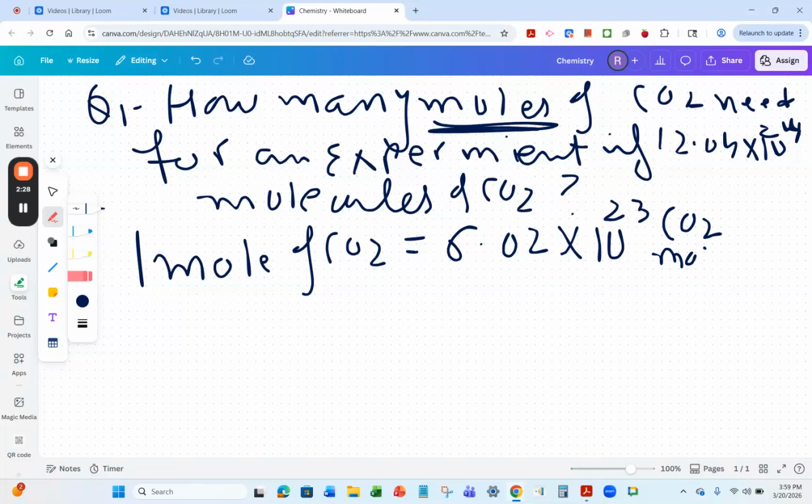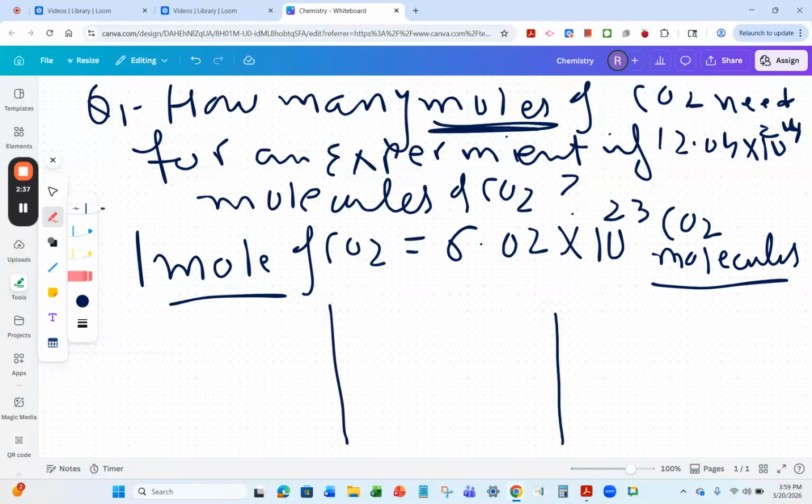Here we go. This is our known information, molecules and moles. Same pattern, same steps, 3 columns. First column, the number given to you in the question. Third column, what do you want to find? We want to find the moles.